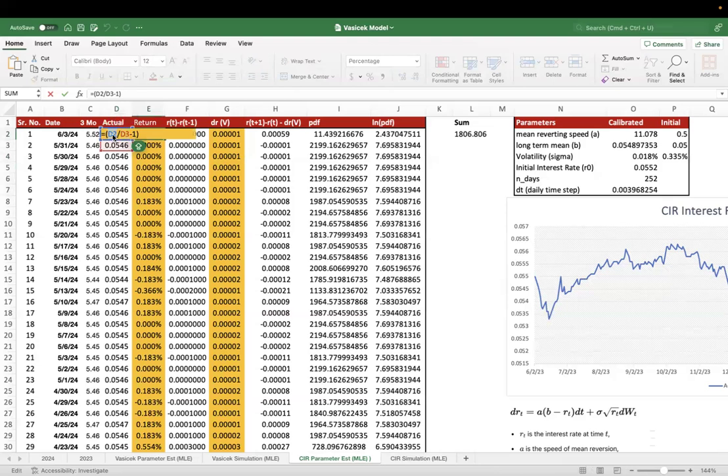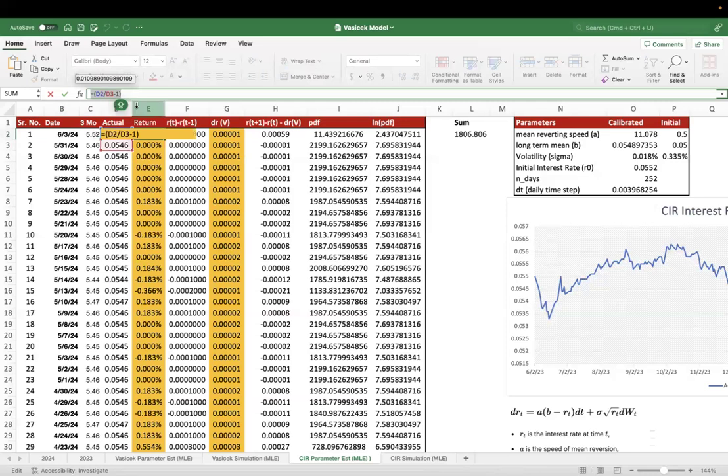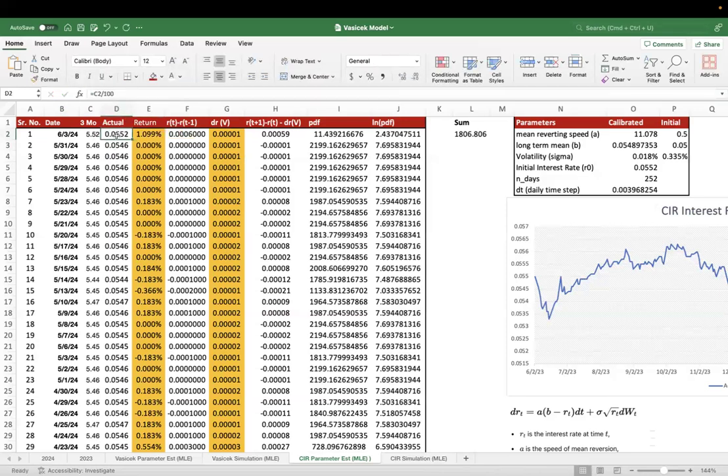This is my today's interest rate, and this is my yesterday's interest rate. So what I'm doing is D2 divided by D3 minus 1. That's how you will calculate the returns for each day.